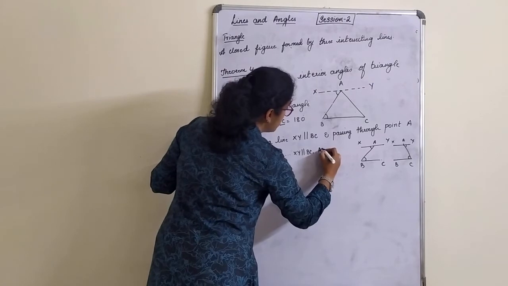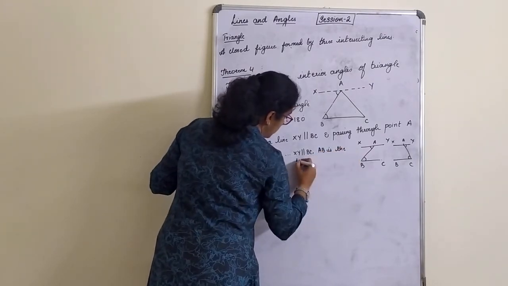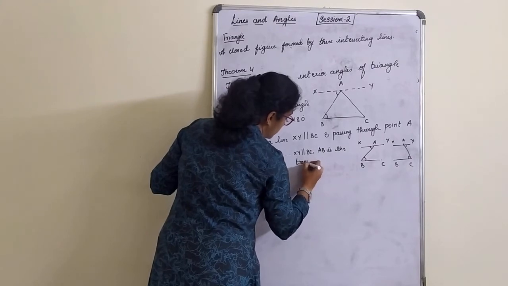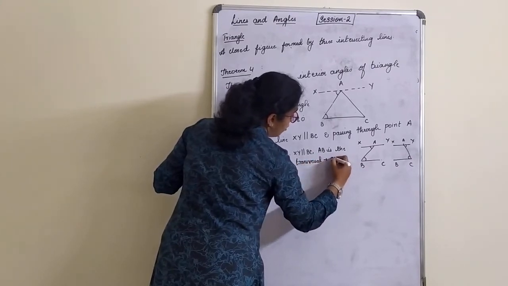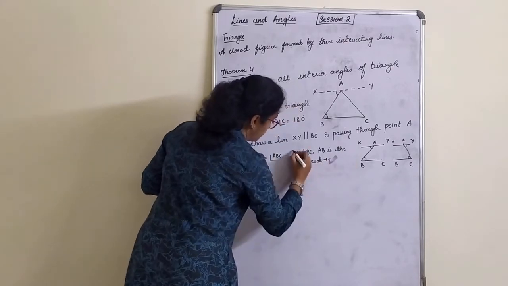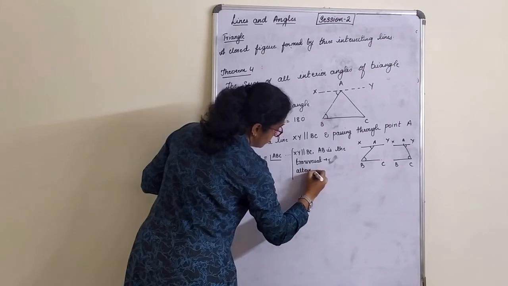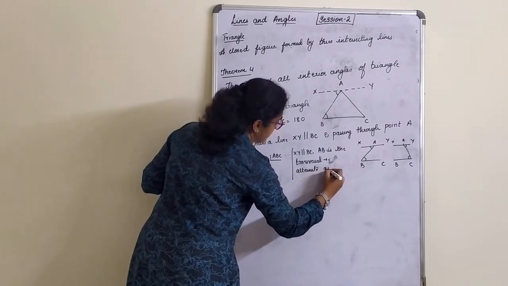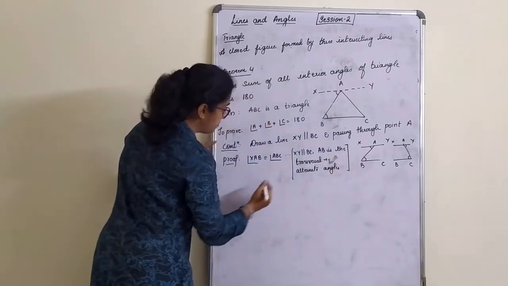AB is the transversal. So alternate angles are equal. Alternate angles. That's all we will write. Okay. Next part.